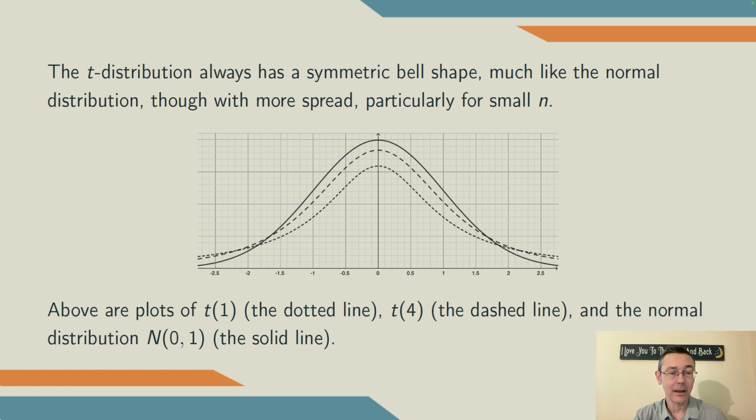The dashed line in the middle is t of 4, and then I've also put the standard normal distribution with a solid line. So again, notice that the smaller the number of degrees of freedom, the more spread there is here. The lower the peak in the middle, the fatter the tails. As the degrees of freedom get larger, the t-distribution gets closer and closer to the standard normal distribution.